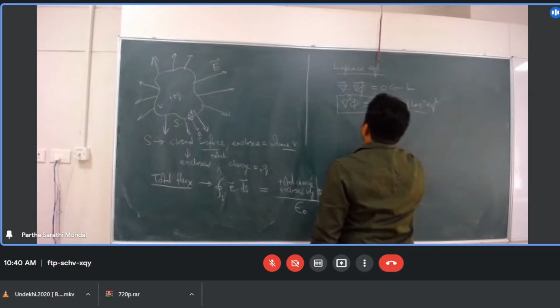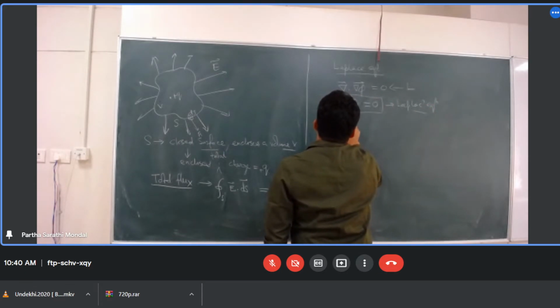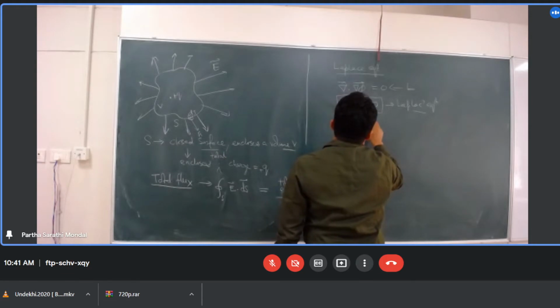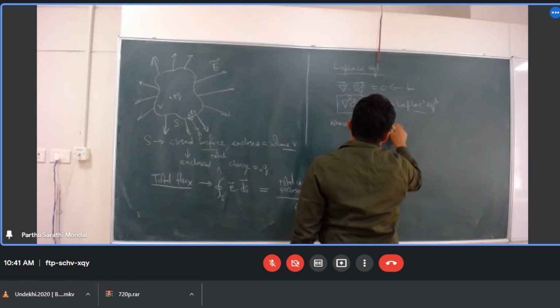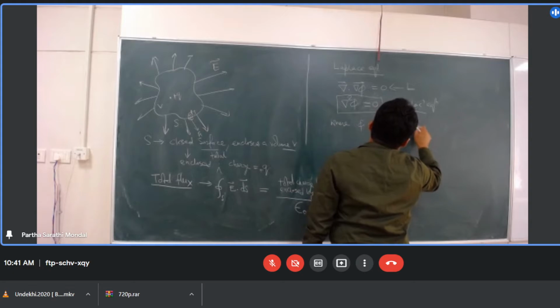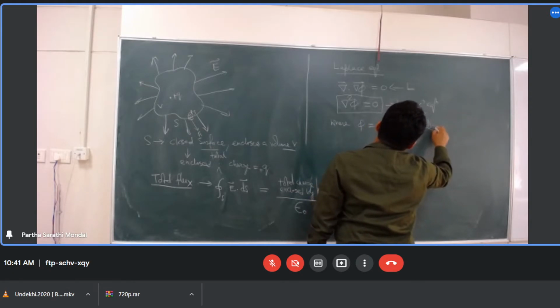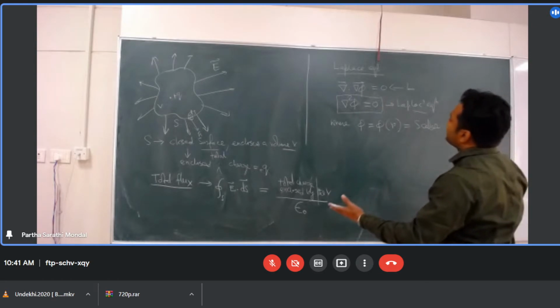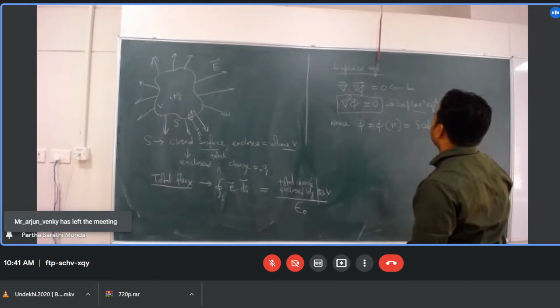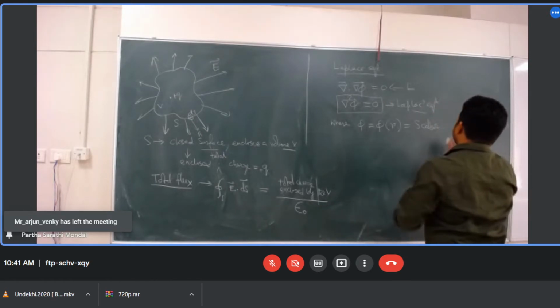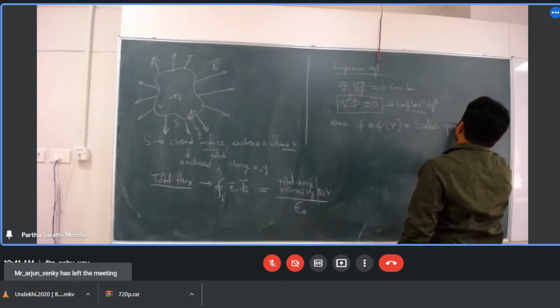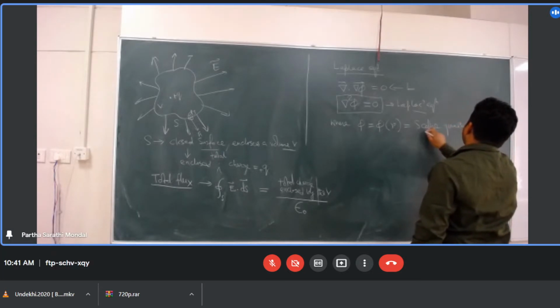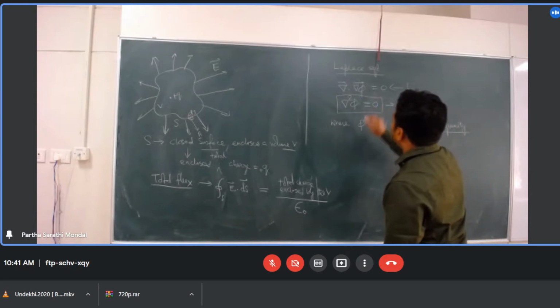It's a very important thing, where phi is actually a function of r and is a scalar quantity. Scalar, because the gradient of phi is the gradient of a scalar, it is never a vector. Any kind of scalar quantity should follow this Laplace equation.